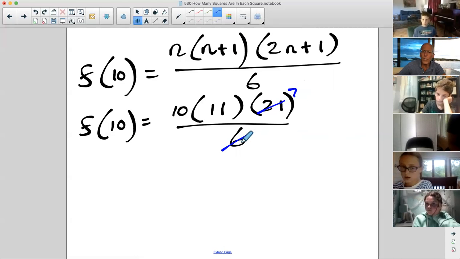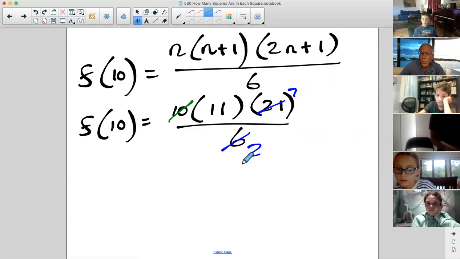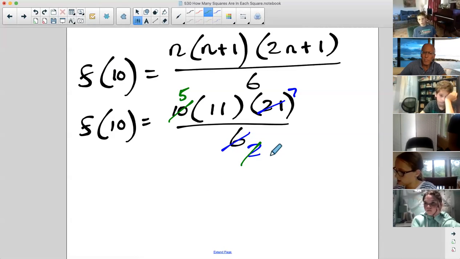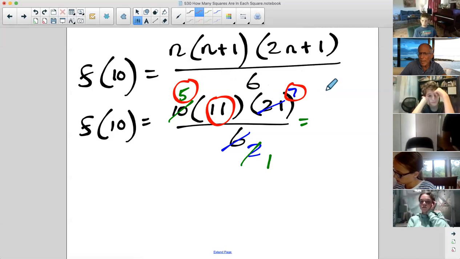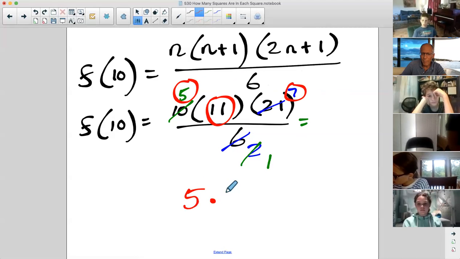And 3 goes into 6 twice. And then we can cross cancel 10 and 2 to become what? 5 and 1. All you have to do now is multiply 5 times 11 times 7.